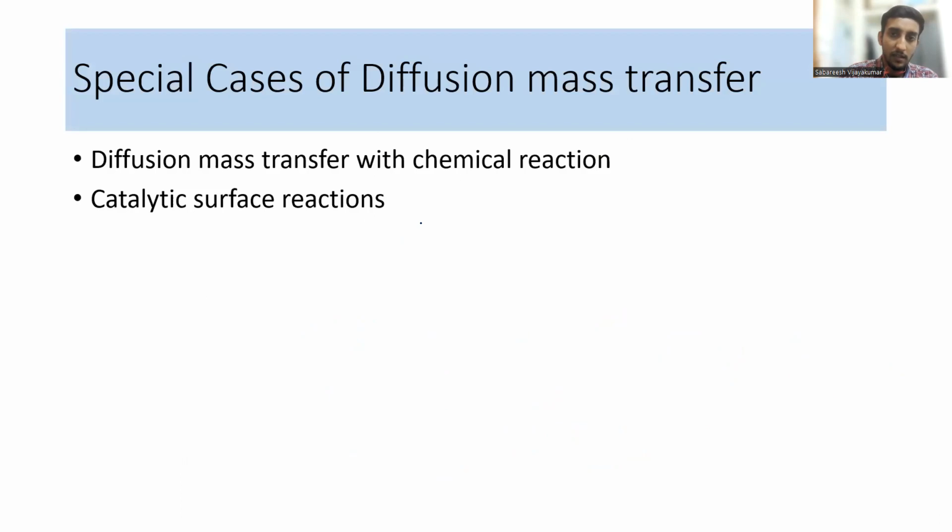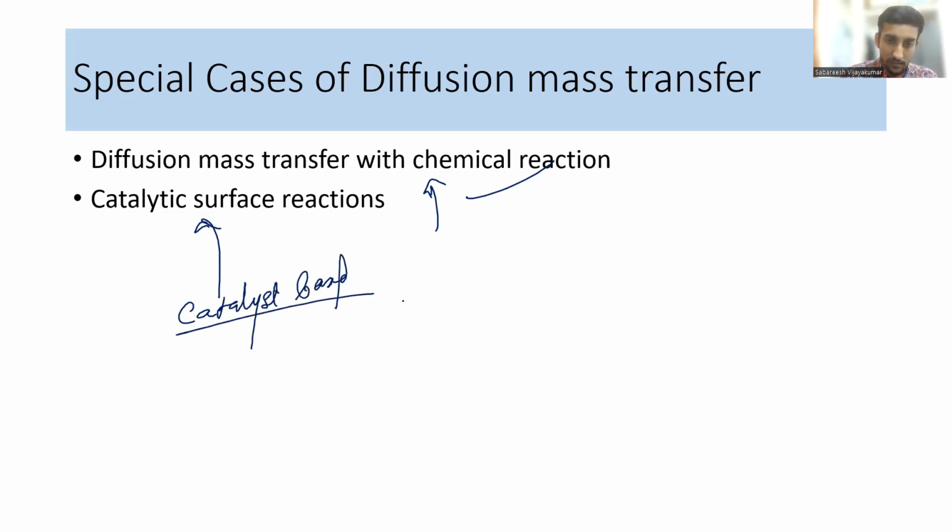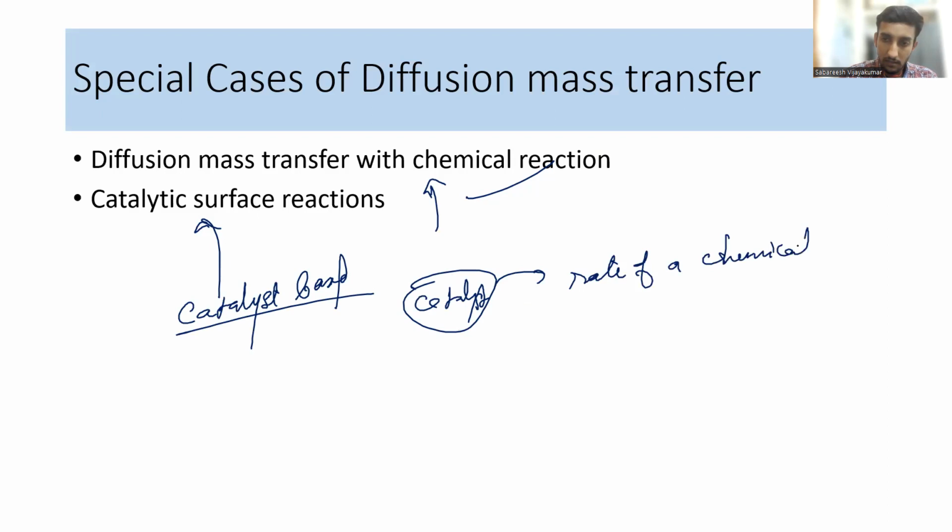And some special cases of diffusion mass transfer, as I mentioned: this is diffusion mass transfer with chemical reaction. Then there can be catalytic surface reaction. Catalytic means catalyst based. So what is a catalyst? It controls the rate of a chemical reaction without actually taking part in the chemical reaction.